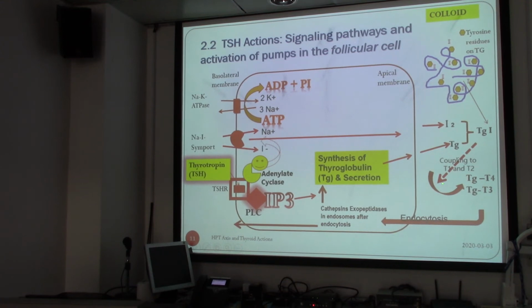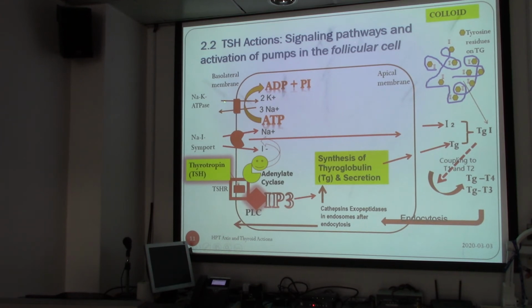Some T4 will be converted into T3, and at the same time after endocytosis in the follicular cells, that is under the stimulation of, for example, the sodium iodide symporter, which is a very important ion transporter, transporting sodium and iodine inside the cell and also into the colloid for this iodination and coupling.